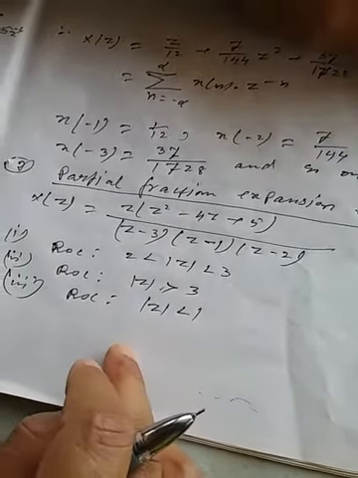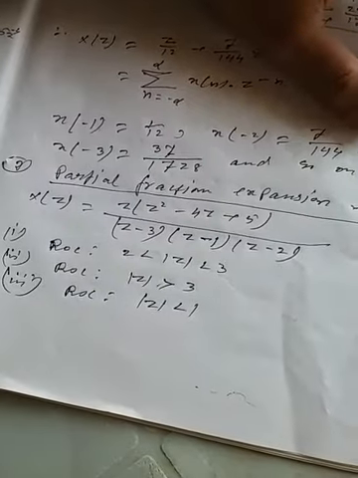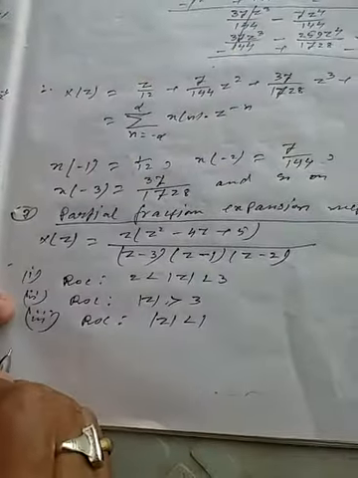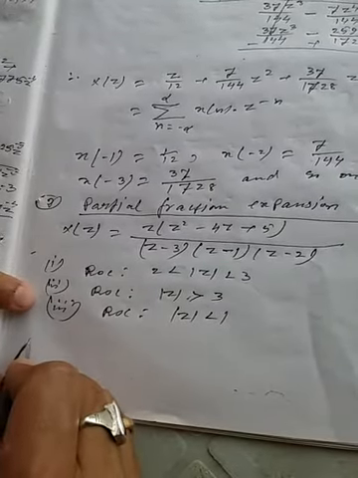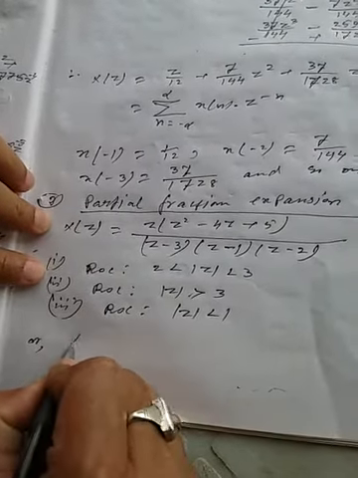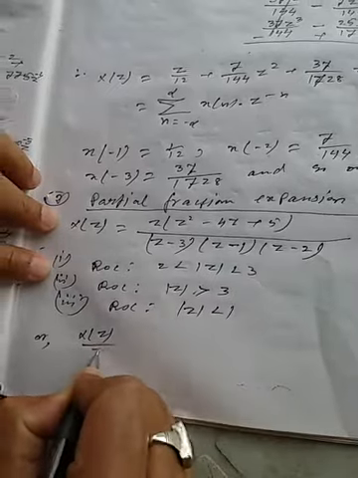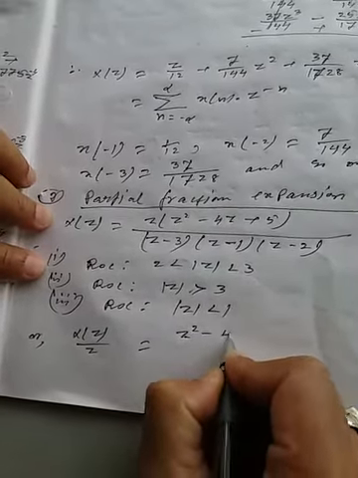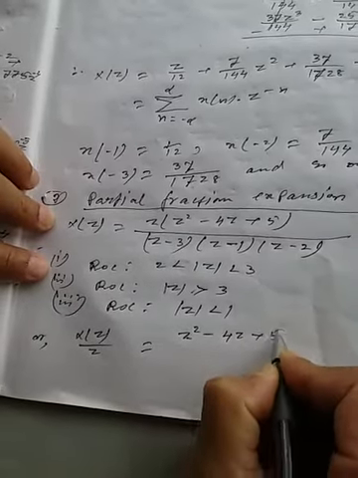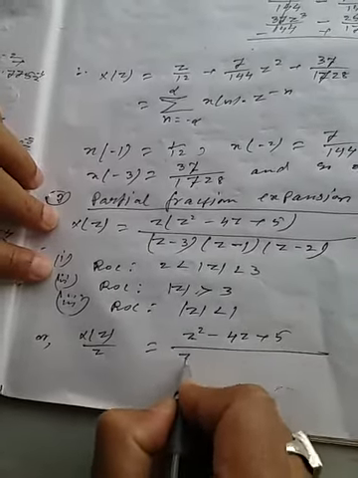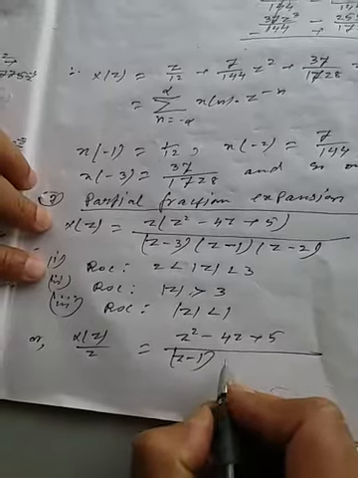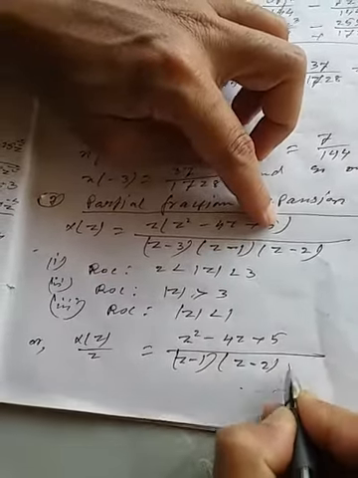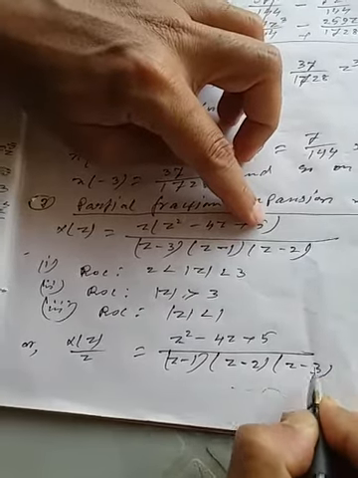Okay, so before doing the partial fraction, you have to first evaluate it. From here we can write that X(z) by z equals z squared minus 4z plus 5 divided by the factors z minus 1, z minus 2 and z minus 3, right?